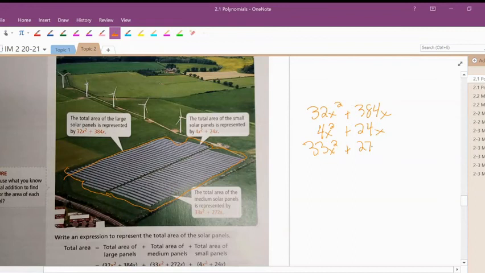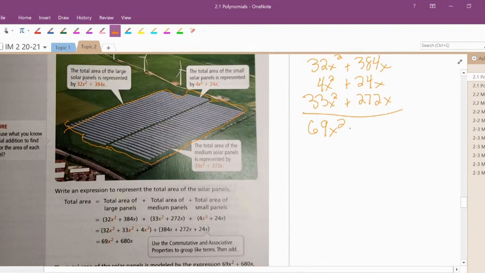So we add those up. 32 plus 4 is 36, plus 33 is 69x squared. 384 plus 24 plus 272 is 680, and that is our x term, and that's it. There's no constant, there's no cubic terms. That's all we got.